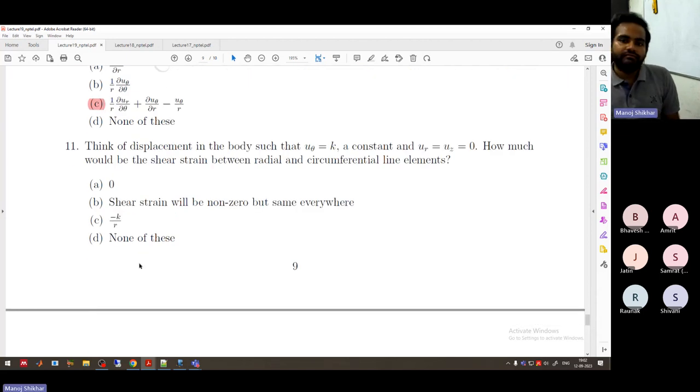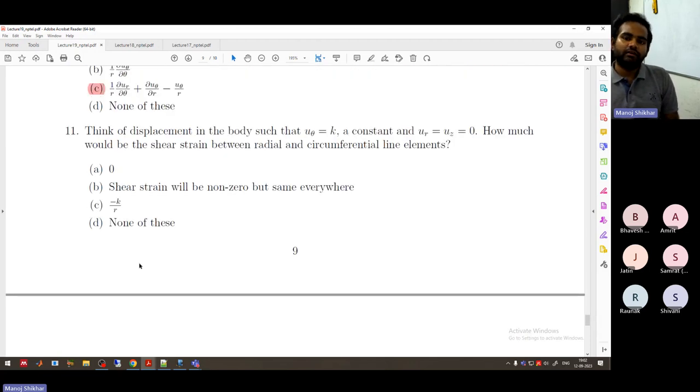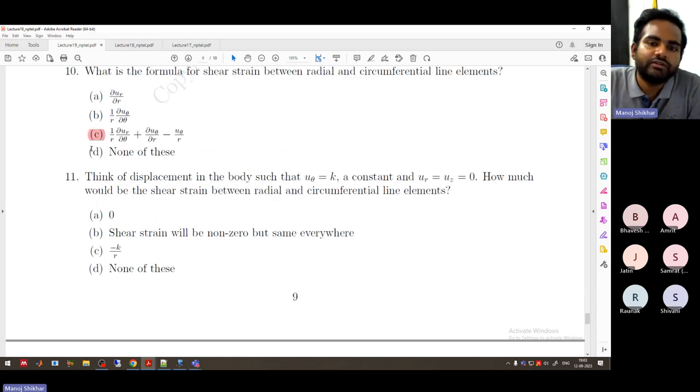And question number 11, they have given you that think of a displacement in the body such that u theta equal to k, where k is a constant, and uz equal to 0. How much would be the shear strain between radial and circumferential elements? So basically, they want you to put the displacements in this formula.